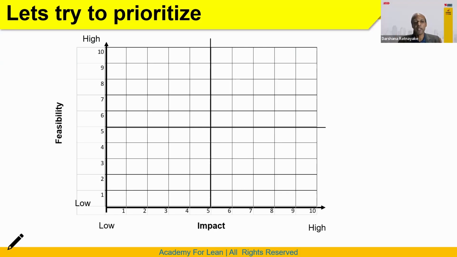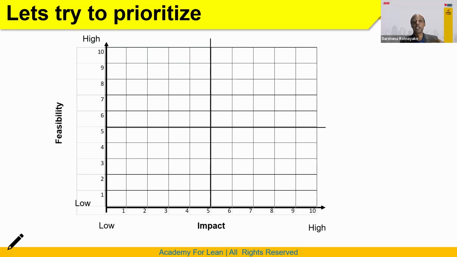Now in here you will see there are two axes. This axis is the impact axis. Let's say number 1 means less impact, number 10 means high impact. The other axis also has 1 to 10, and this axis is feasibility. Feasibility means how easy it is for us to do this project.